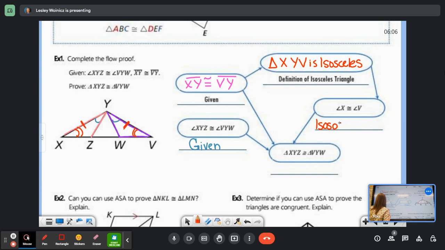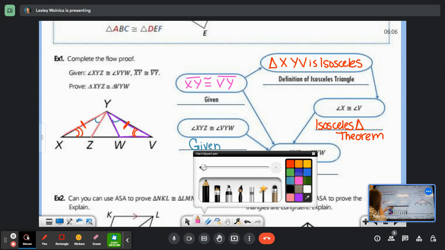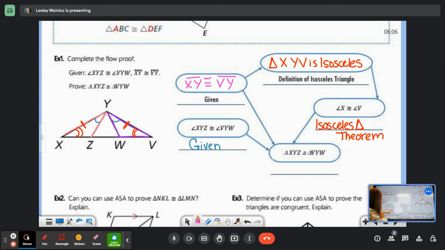Isosceles triangle theorem. We had that on our quiz a couple times. Okay, last but not least, I now have a pair of angles, I have a pair of sides, and I have another angle.